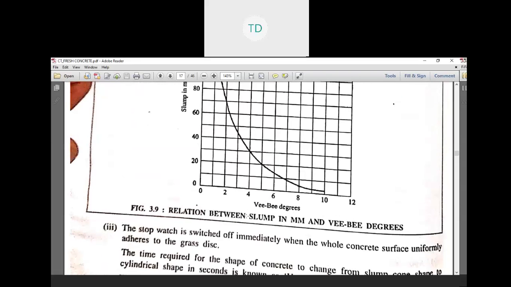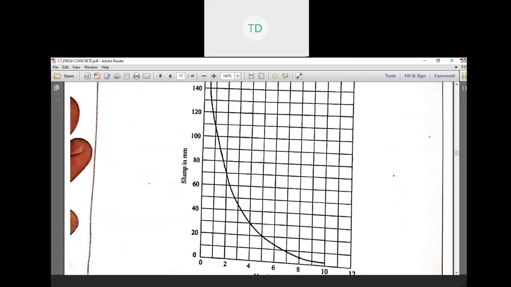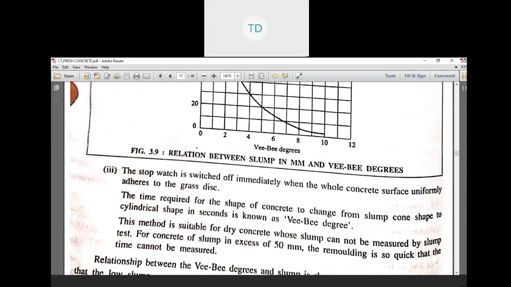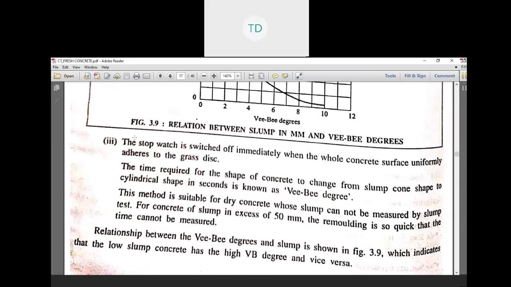This is the relation between slump in mm and VB degree. By this graph, we are deciding the result. The stopwatch is switched off immediately when the whole concrete surface uniformly adheres to the glass disc.